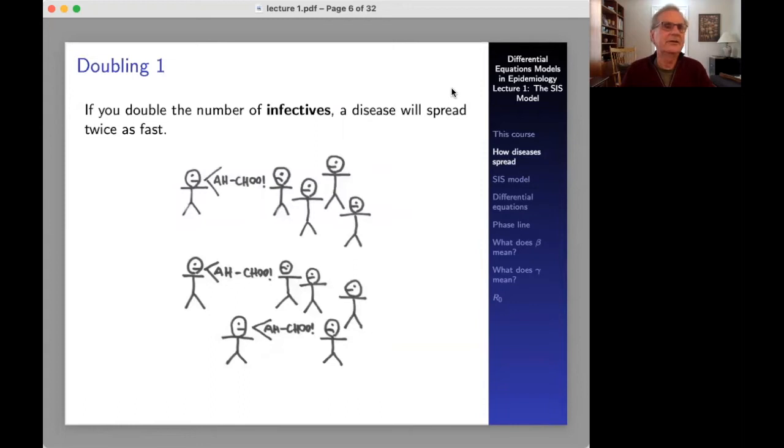Their idea had two parts. The first part was if you double the number of infectives, a disease should spread twice as fast. Here's one infective sneezing and infecting one person. If you had two infectives and they're sneezing, they can infect two people.